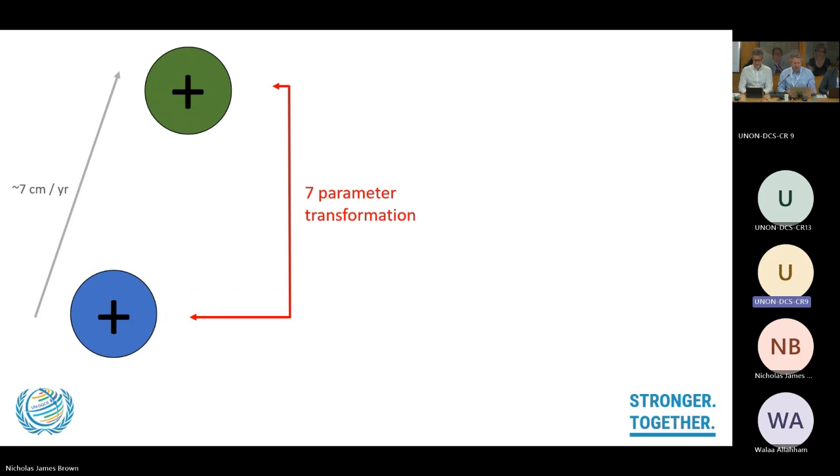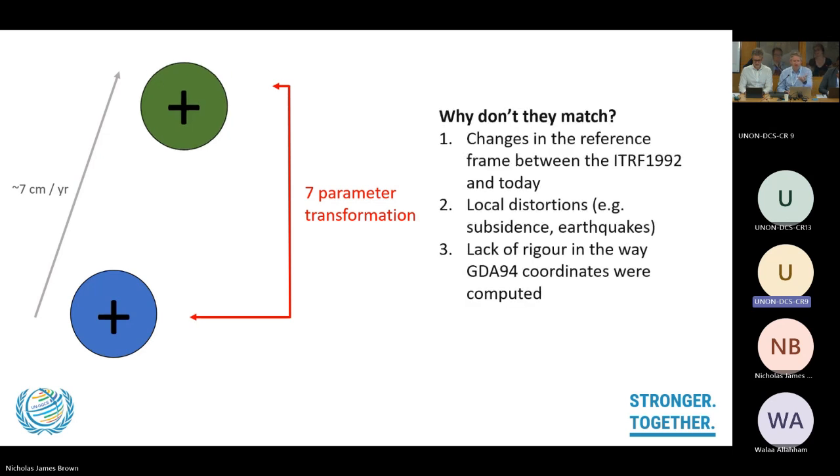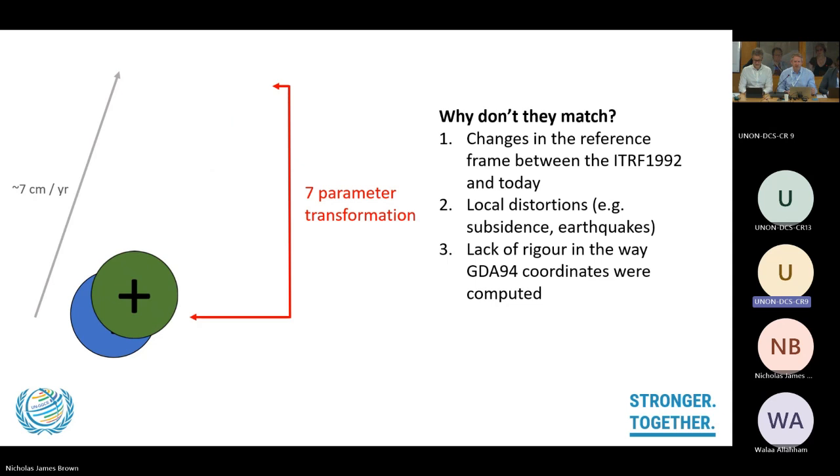So we developed a 7-parameter transformation. We found points across Australia where we had the GDA94 coordinates and we had GDA2020 coordinates. And we developed a 7-parameter transformation. And then if you took those 7 parameters and applied them to the GDA2020 coordinates and moved them back, you get pretty close, but you don't get an exact match.